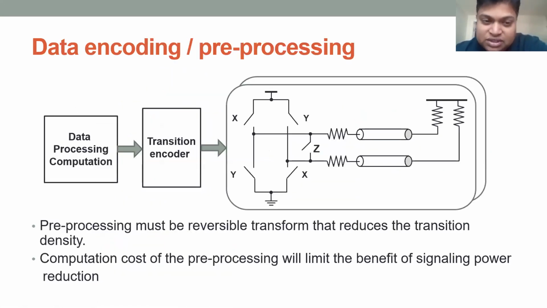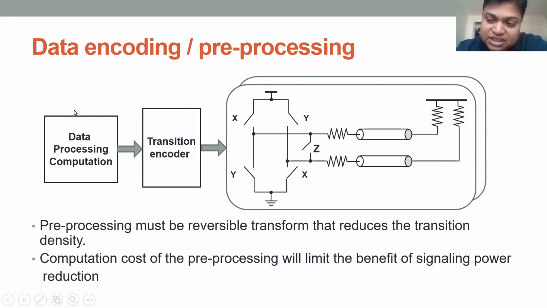Now going to the next part: if I have to reduce the transitions to make this link really efficient, I have to do some sort of data processing ahead of it. The transition encoder, the data to transition conversion, is very simple. It's just a couple of logic gates. So that one is not the issue, but this data pre-processing computation is something that concerns us, because anything that we do here is going to burn power, and how much power I will be saving would be offset by this extra computation.